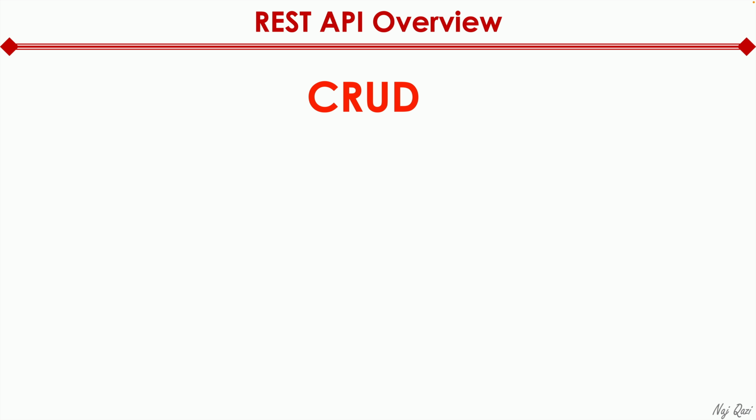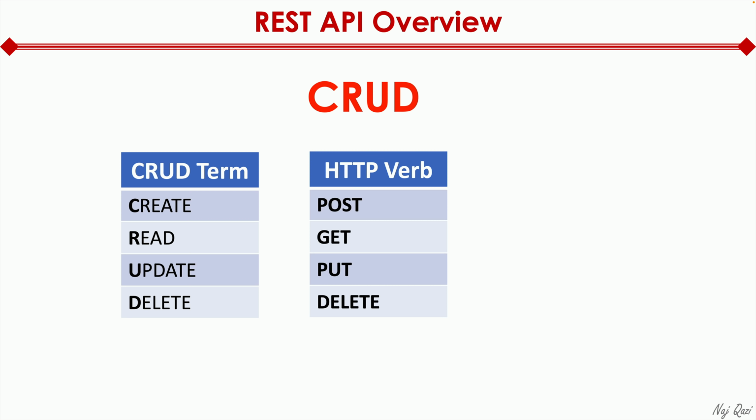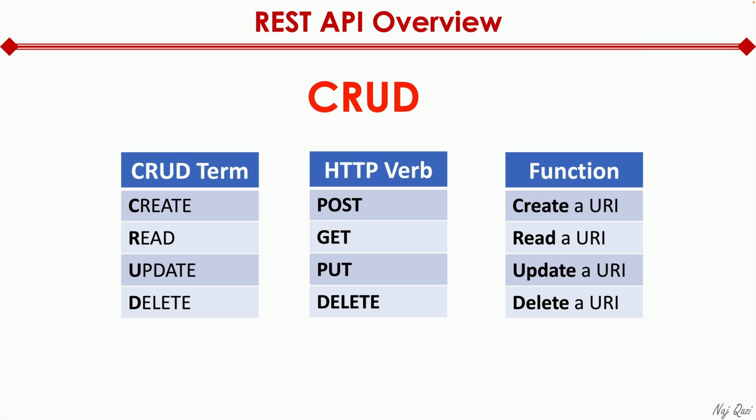It comes from the software development realm, and the C in CRUD stands for create, R stands for read, U stands for update, and D stands for delete. And it's directly related to the HTTP verbs that we can use to be able to manipulate data that we would like to manipulate. And there's also a function that's attached to each.